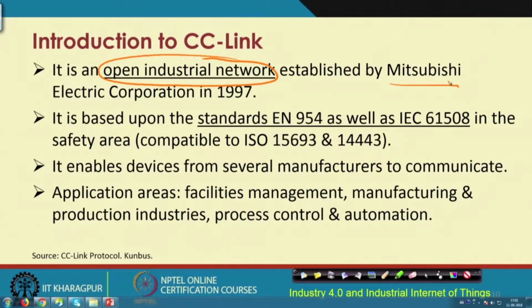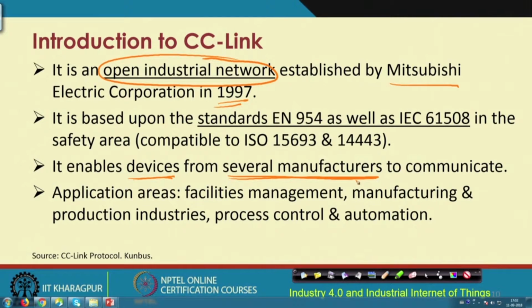So, this particular protocol, the CC link protocol, was proposed by Mitsubishi in 1997, and it is based upon the standards EN 954 as well as IEC 61508 and is compatible with ISO standards 15693 and 14443. So, it enables devices produced by different manufacturers to communicate.